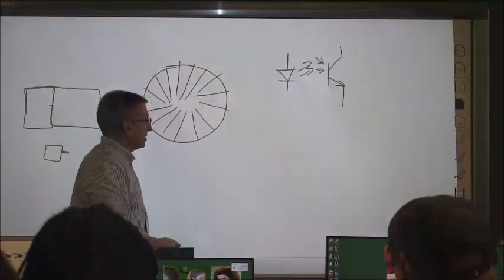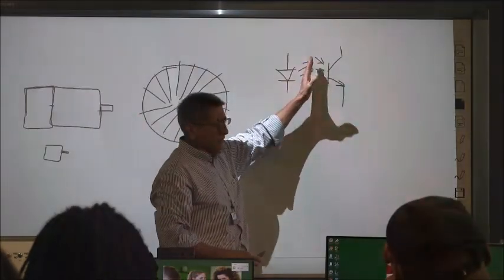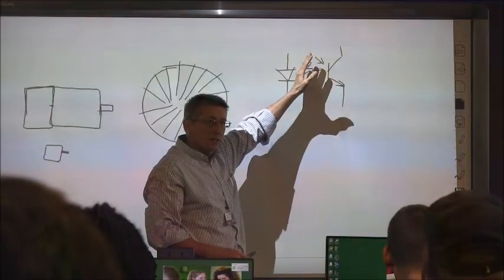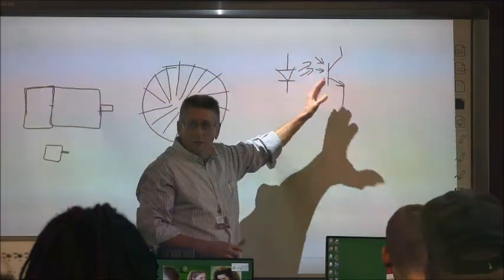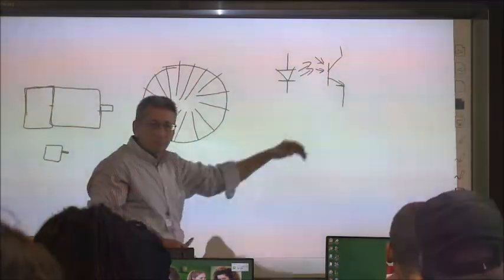So what's happening is this is making and breaking the LED light, so the transistor's turning on and off, on and off, on and off. It's like a switch.